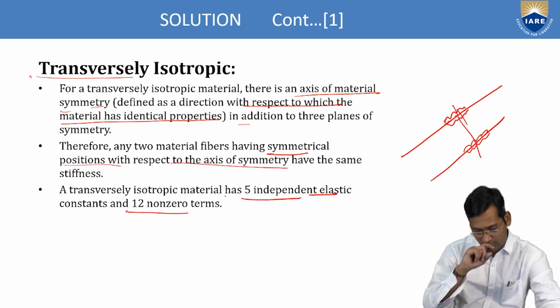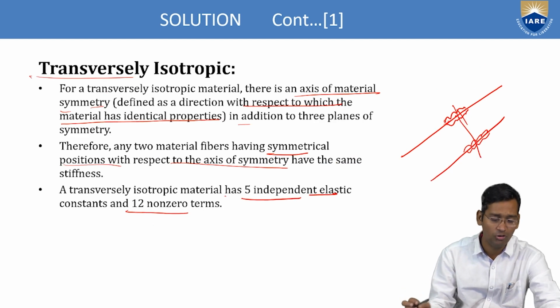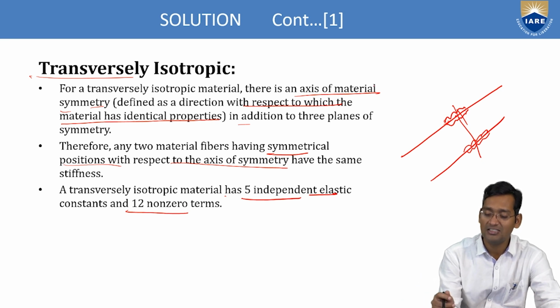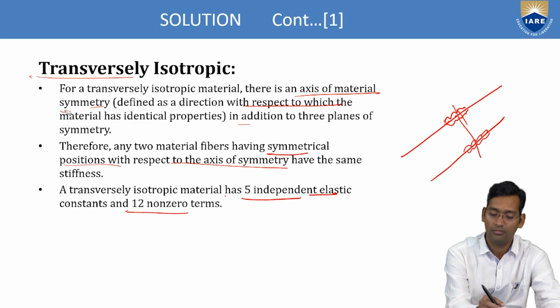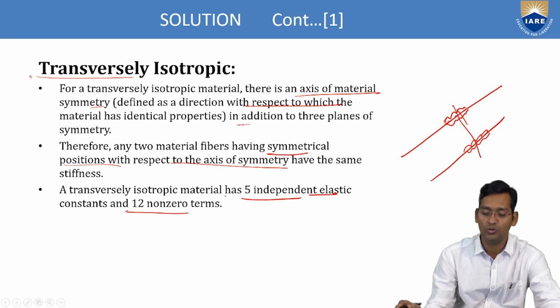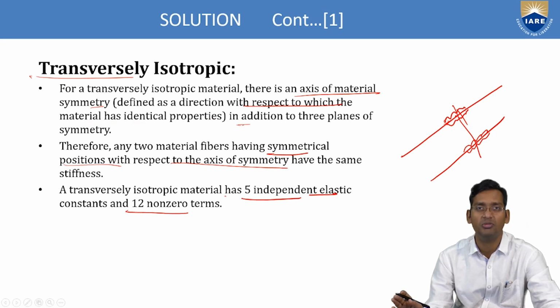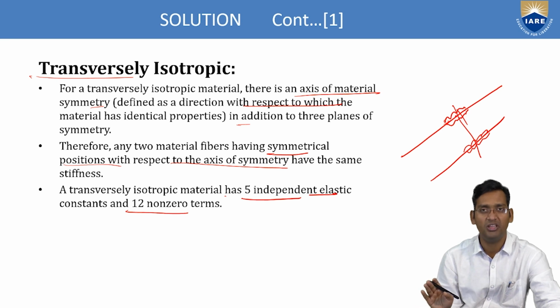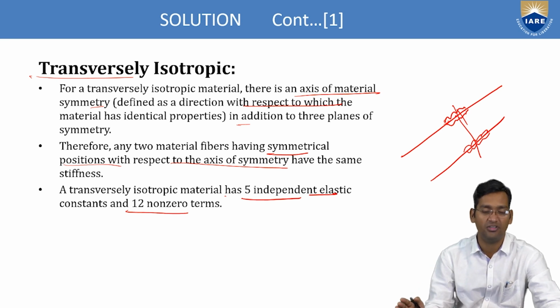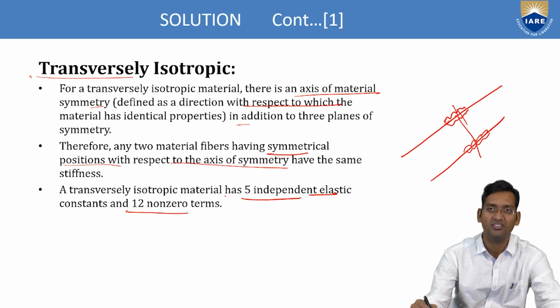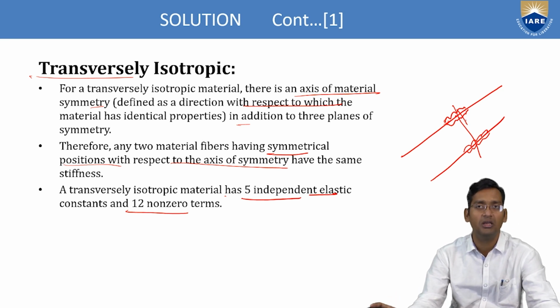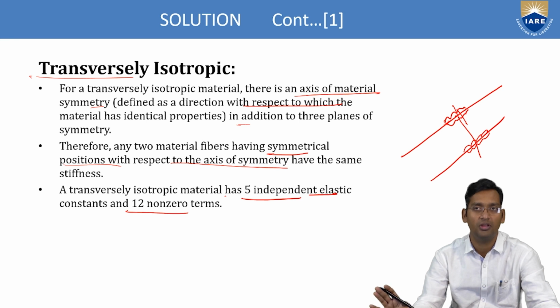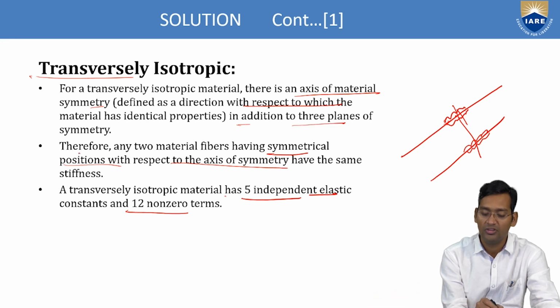Now in the case of transverse, what was there? Here an axis of material symmetry, in addition to 3 plane symmetry. So whatever the 3 plane symmetry is there, that will be there, as well as the axis of material symmetry. Along that axis the material should be the same. Therefore, any 2 material fibers have a symmetrical position.